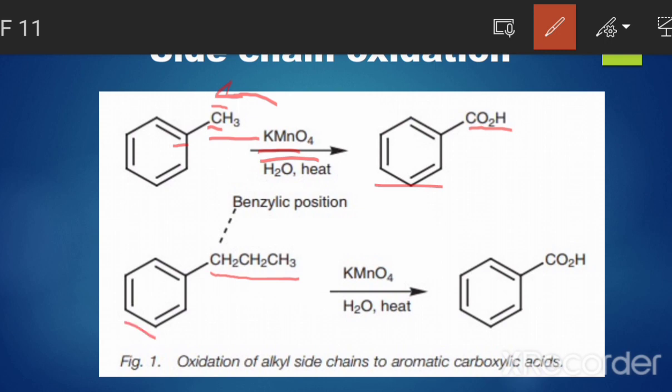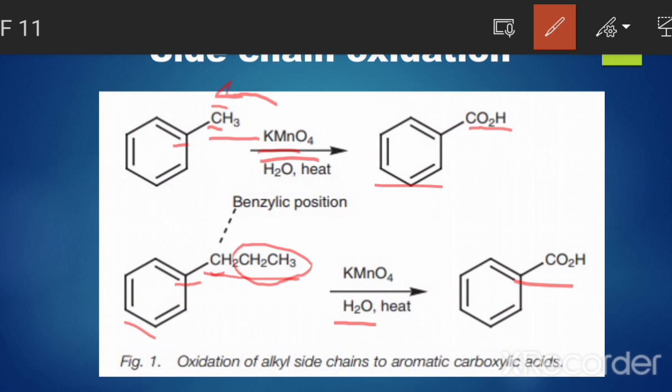So the final product will be the same, because the hydrogen or water will react with the carbon that is directly attached to the carbon atom of the benzene ring. So the other chain will be removed, and the final product is carboxylic acid.